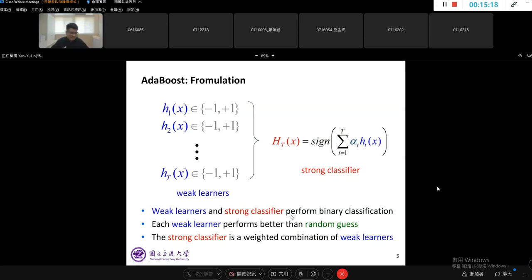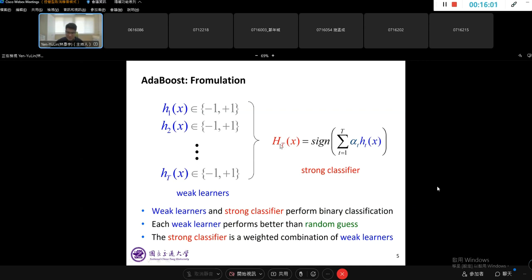In this slide, let's talk about the notation of AdaBoost, so we can more specifically define the behavior of AdaBoost. I use capital H to denote the strong classifier, and I use lowercase h to denote the weak learner. There is a subscript here. The subscript of a strong classifier is used to indicate the number of weak learners.